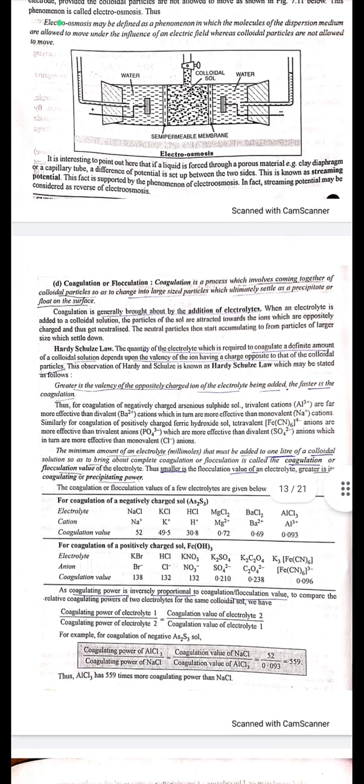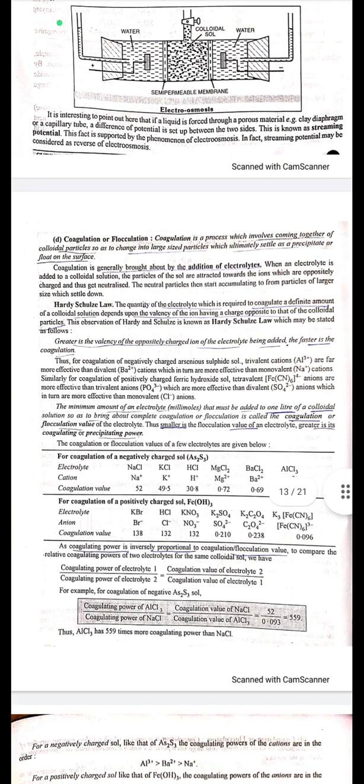The minimum amount of an electrolyte that must be added to 1 liter of a colloidal solution so as to bring about complete coagulation or flocculation is called the coagulation or flocculation value of the electrolyte. The smaller is the flocculation value of an electrolyte, the greater is its coagulation or precipitating power. The coagulation or flocculation values of electrolytes are given below.